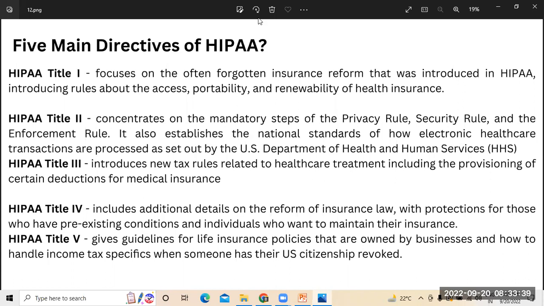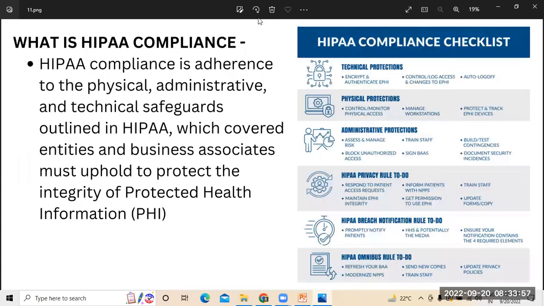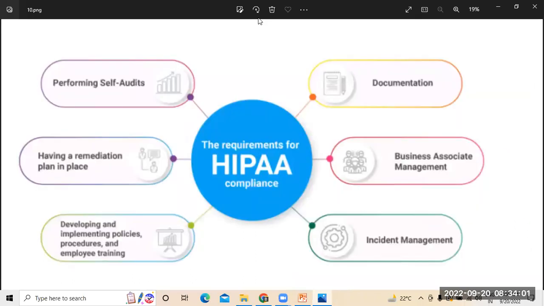Being a BA, a person who knows about the HIPAA rules and regulations must know about these 5 main directives of HIPAA for sure. So this is the checklist which we have to follow.